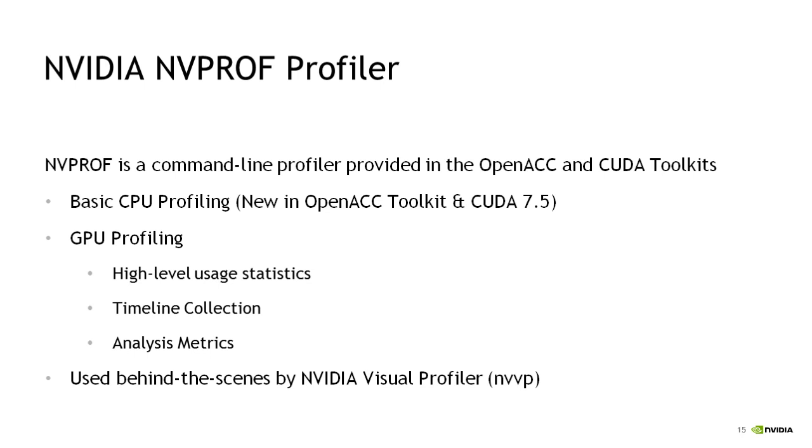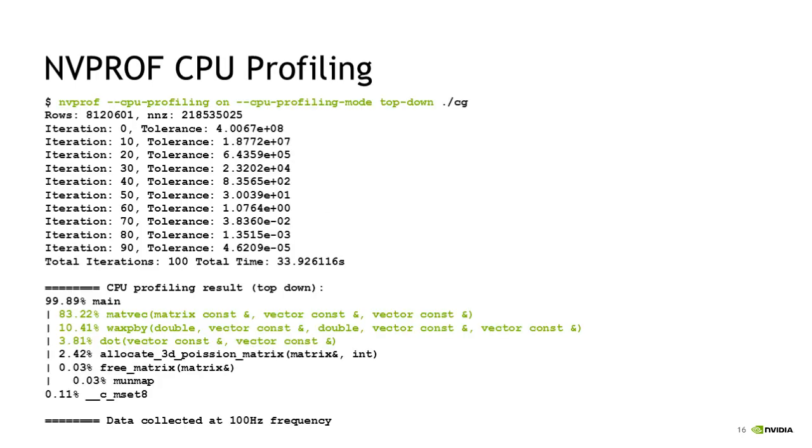So for our code, I've gone ahead and skipped the step of building it. There is a makefile provided for you, so there are instructions in the lab of how to build it. But I'm going to use the nvprof tool first to gather the profile. So CG at the end here is the name of our executable.